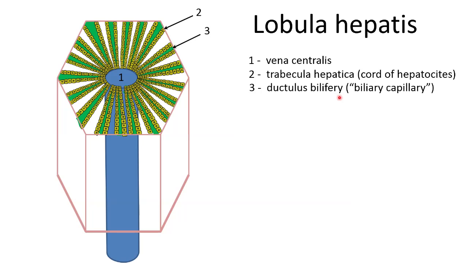So we can say that it's a biliary capillary. It's very small in size, but this bile, which is inside of the space, is the result of secretion of each hepatocyte inside of the trabeculae hepaticae. So this bile is produced inside of this space. That's why we use another term, biliary capillary.